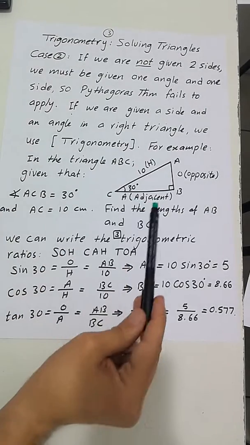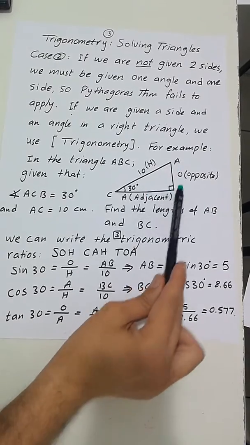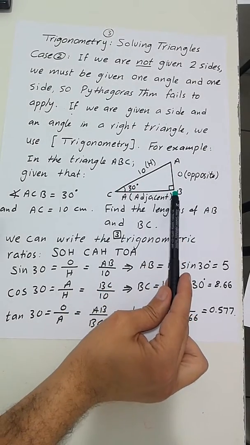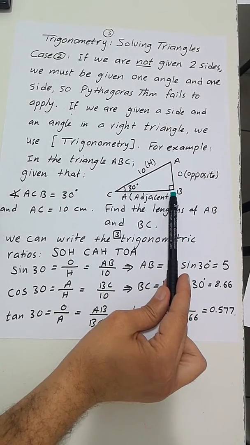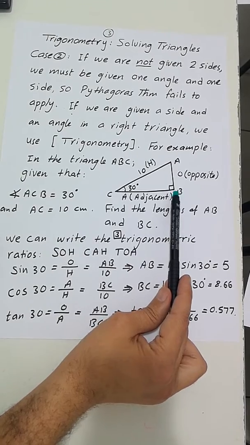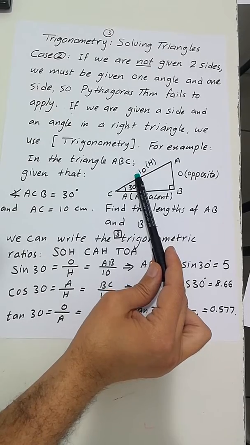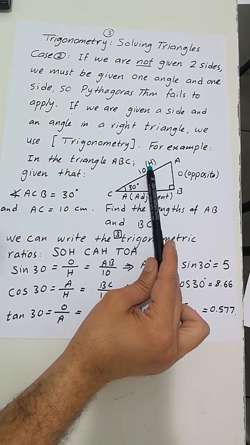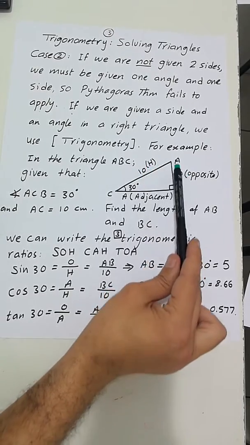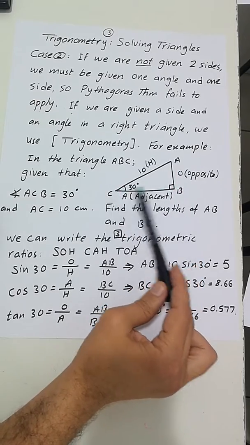For example, ABC is a right angle triangle at B. B is the right angle. We agreed before that AC, which is 10 centimeters long, is called the hypotenuse of the triangle. AB and BC are the legs of the triangle.